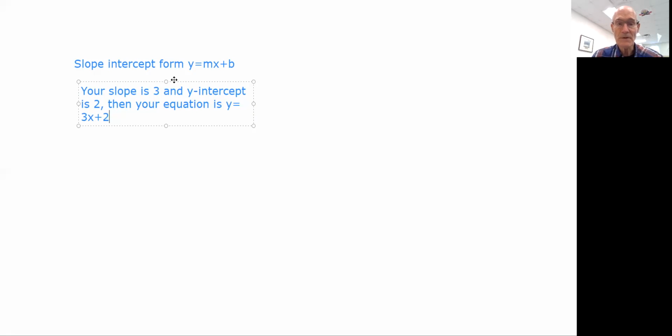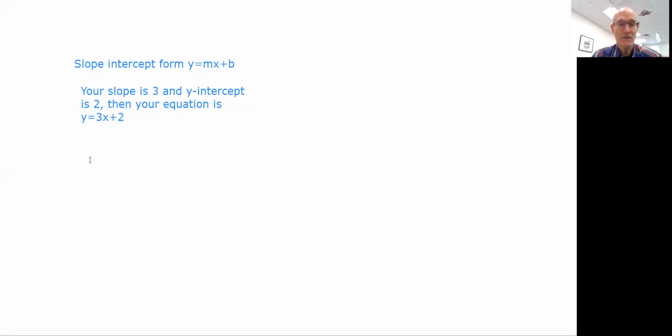You substitute in the 3, which is the slope, in the place of m. You substitute in the 2 for b because 2 is the y-intercept. Now that's the simplest type of line problem that you can have.